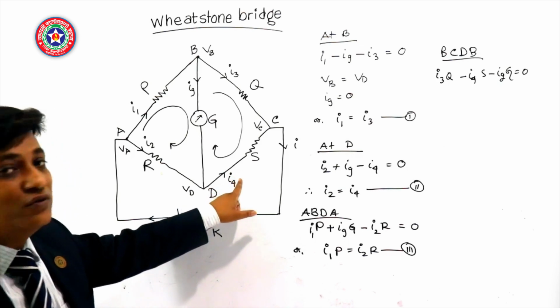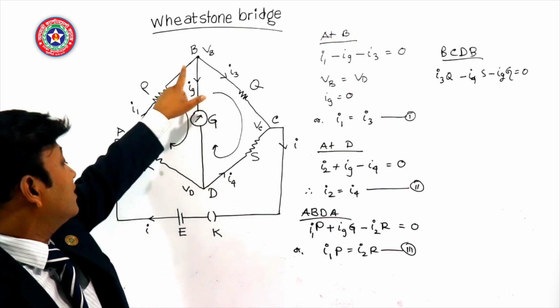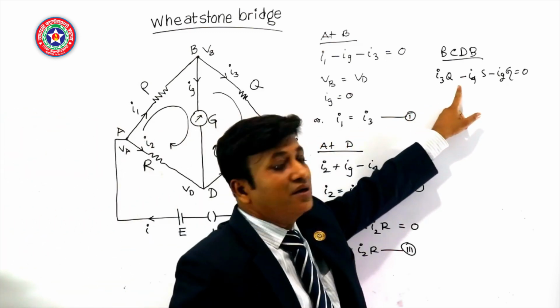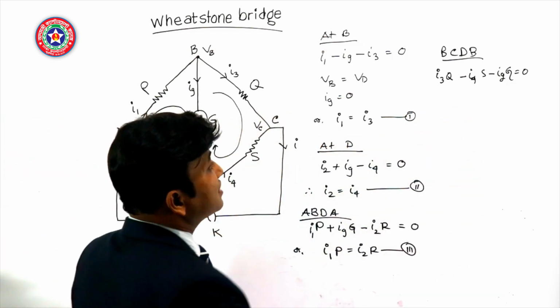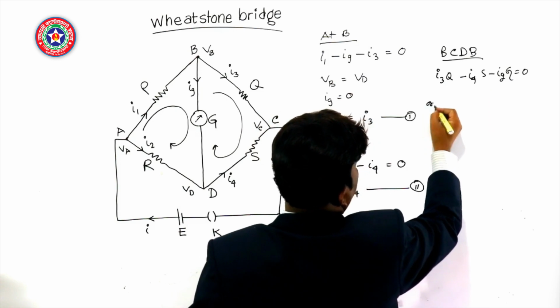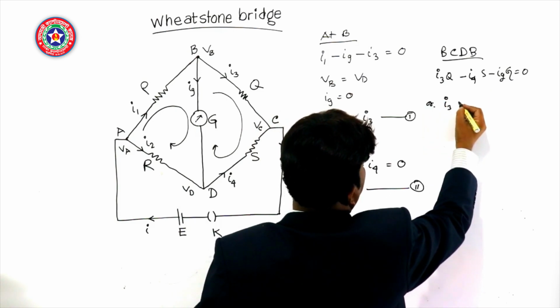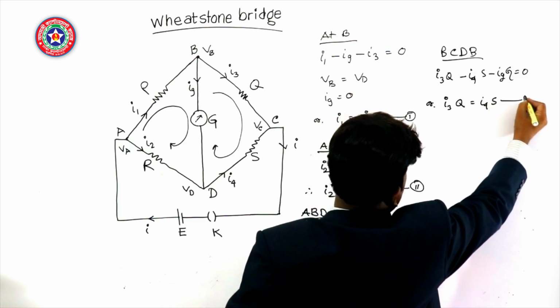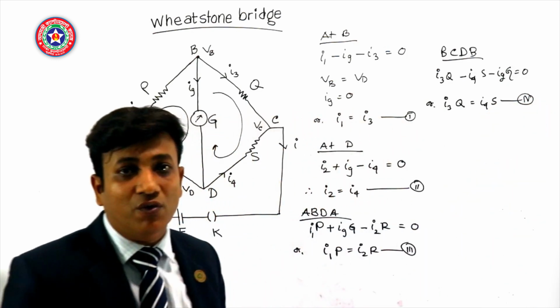Here I4 and IG are anti-clockwise. That's why we used the minus sign. As IG is 0, we get from the above equation I3 Q equals I4 S. We consider this equation number 4.